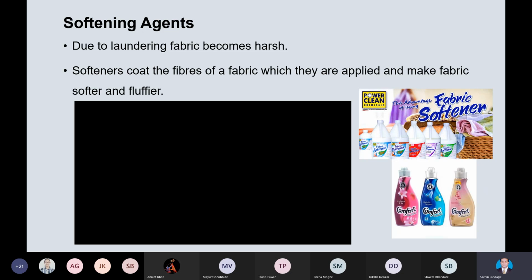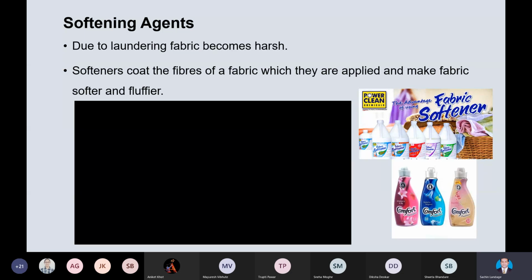Clear? So these are the various laundering agents which we can apply to the garment. Rather than this, there are some other laundering agents we can apply. We have soil release finishes, which we can apply after the washing is over. If woolen garments are there, we prefer to apply a moth resistance finish.